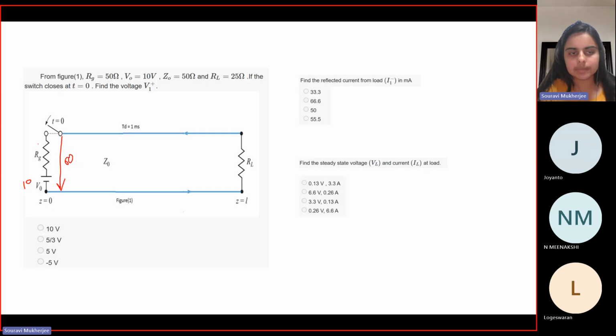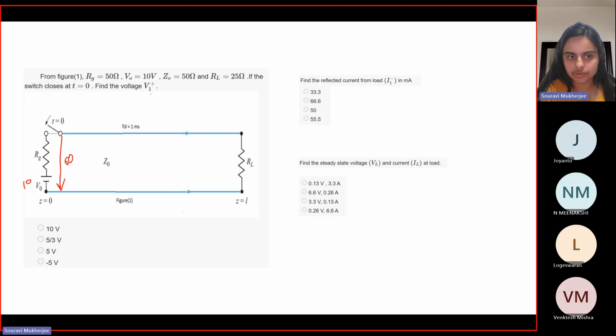That means a voltage division would happen, so there would be a 5 volt drop here and a 5 volt drop here. You can say right away that V1 plus should be 5 volt. If it was some other ratio of your RG and Z naught, in some other question, you could work out what your V1 plus should be.